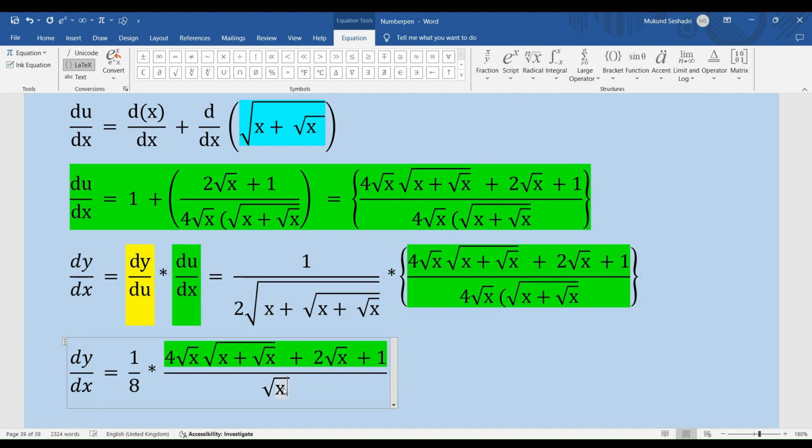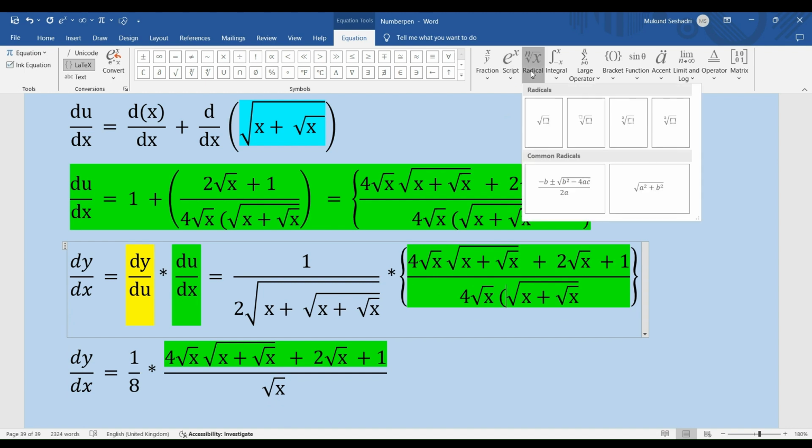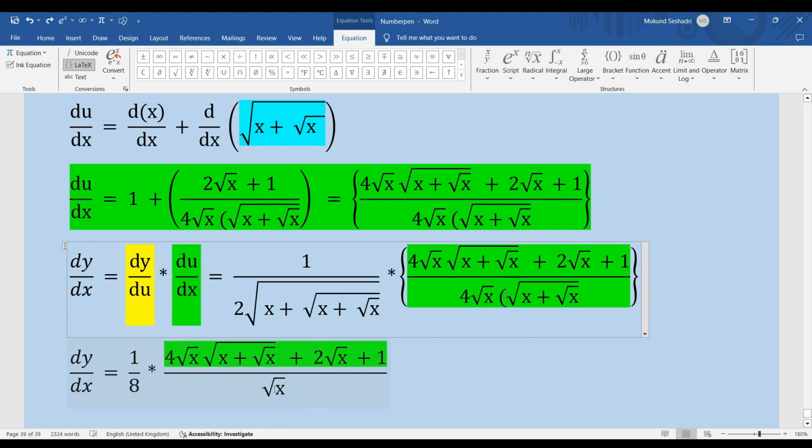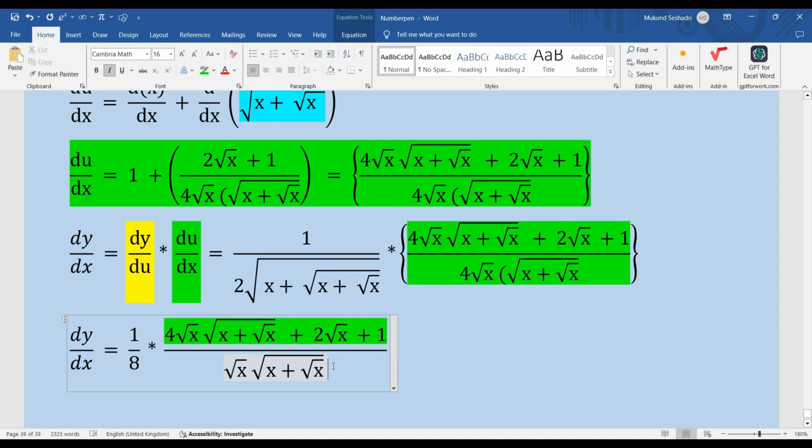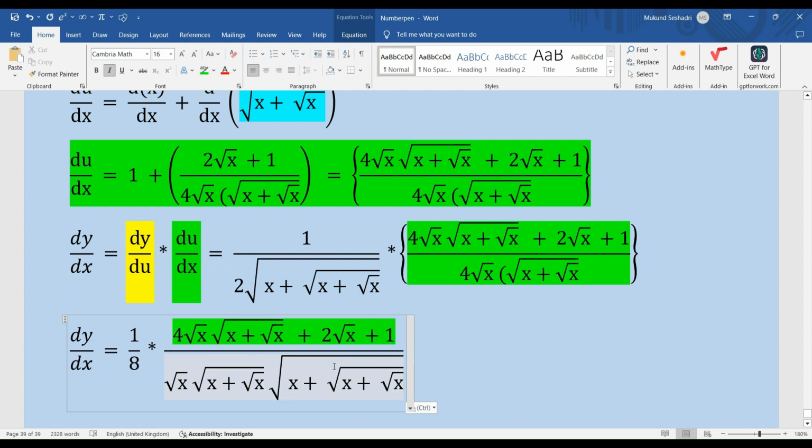We have three expressions, folks, at the bottom. And then we have a square root of x plus root x. That's my next expression. So I'm going to write that square root of x plus root x. And then I have a square root of x plus square root of x plus root x, right? Which is nothing but my original expression, right? So I'm just going to copy it as it is. Paste it over here, right?